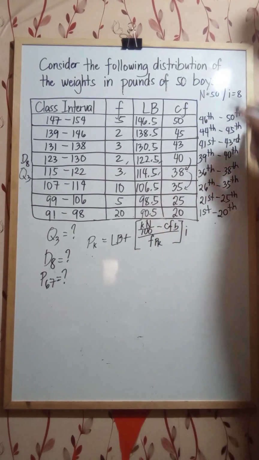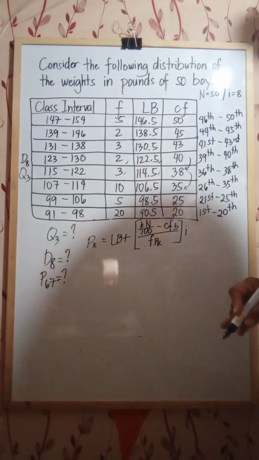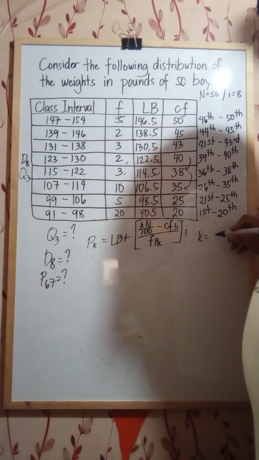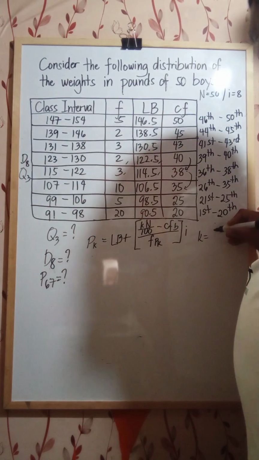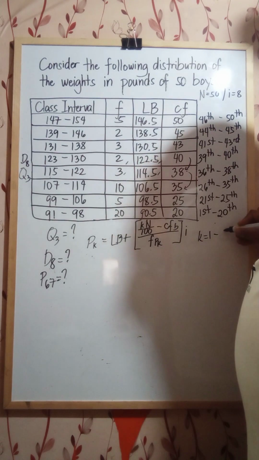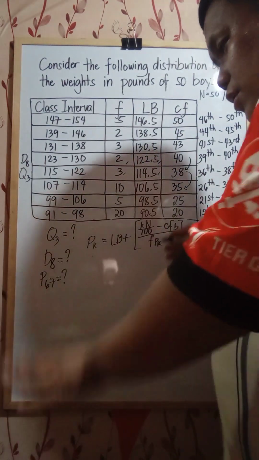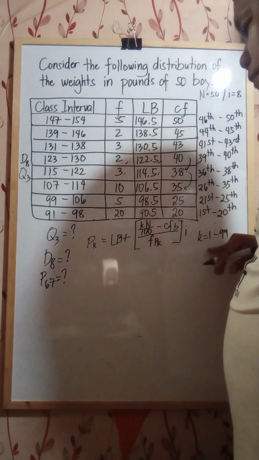Still, the class interval size is 8. The K ranges from the values of 1 until 99. So, 1, 2, 3, 4, 5, and so on until 99. Those are the values of K.